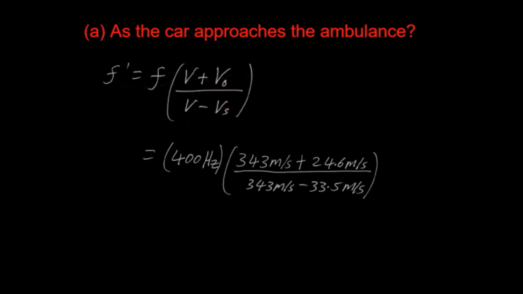We have our 400 Hertz. That will give us 475 Hertz. So as the car approaches the ambulance, the people in the car will hear a higher pitch. This is shifted towards the higher frequencies for them.